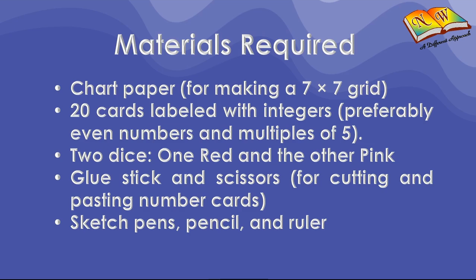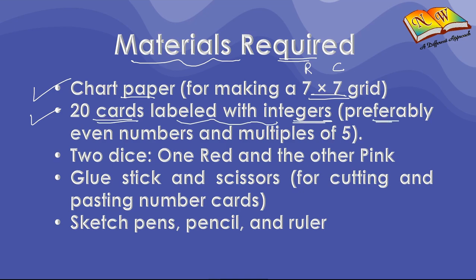Let's see what material is required to perform this activity. We require chart paper for making a 7 by 7 grid. That means a grid which contains 7 rows and 7 columns. We require 20 different cards which are labeled with integers. Preferably, you should write even numbers and multiples of 5 on the cards.